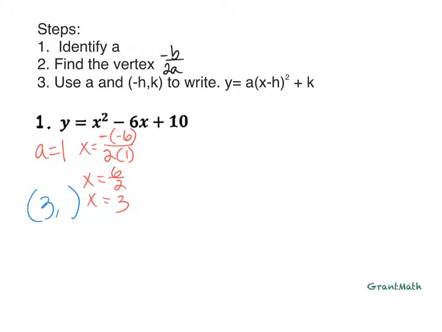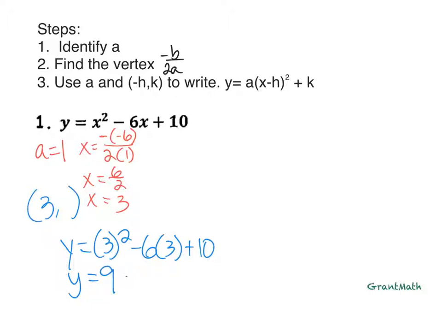Okay, so y equals 3 squared minus 6 times 3 plus 10. And then do that math. Okay, what is y? Negative 9 plus 10. So 3 comma 1, that's my vertex.